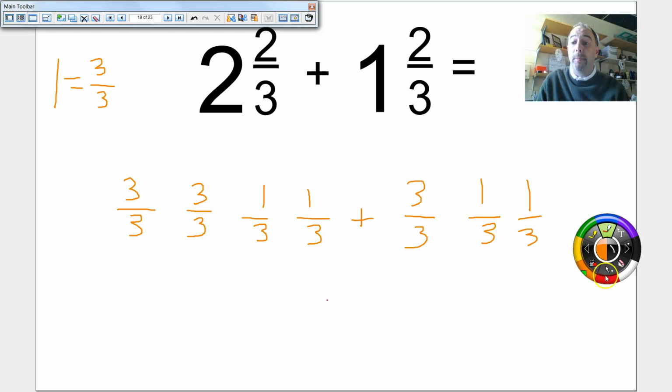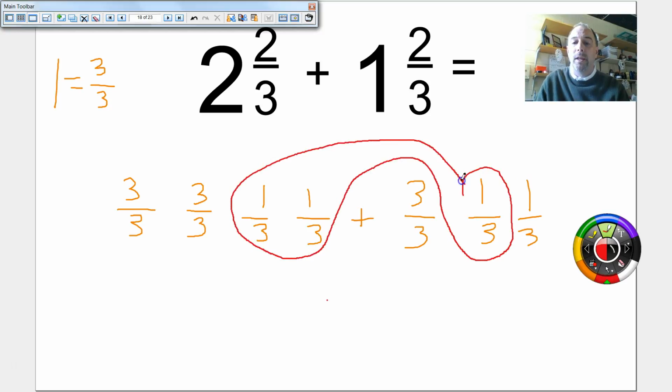Now we add them up. So how many in my whole? 3/3 in a whole. So 1, 2, and 3. So now we get fun with creative drawing. And we do that because it's the only place you're ever going to get away with a ginormous squiggly line. Yay for math. So that's 1.